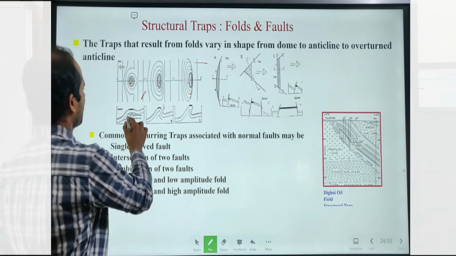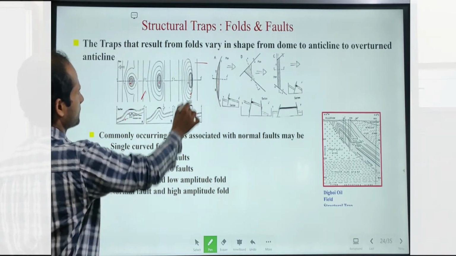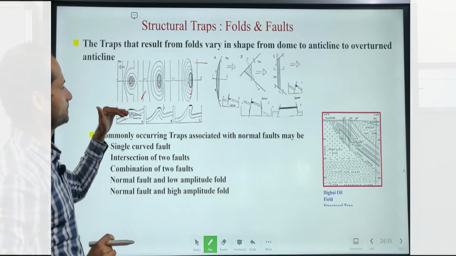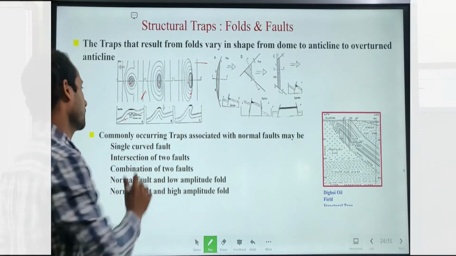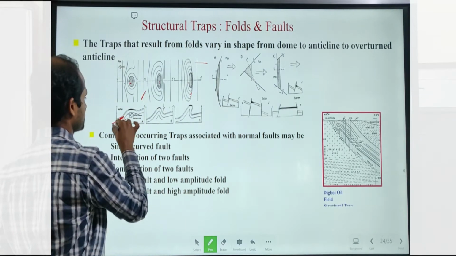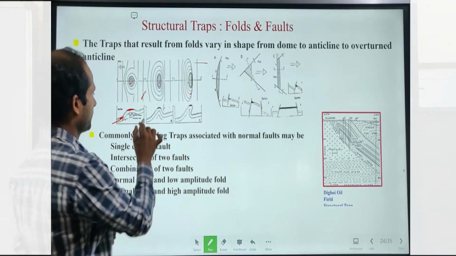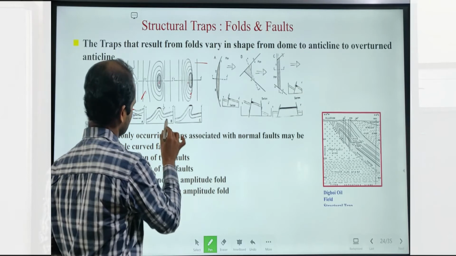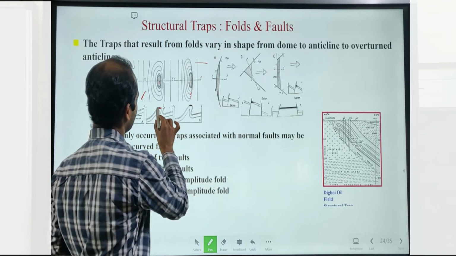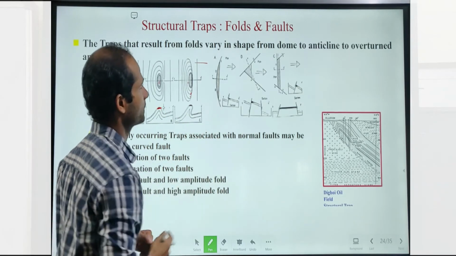Over here we just need to know the structural configuration, and how the hydrocarbon gets accumulated. This is an open fold where we have accumulation on the top, and this one is a slightly tight fold where we have accumulation again, and this is an overturned fold.